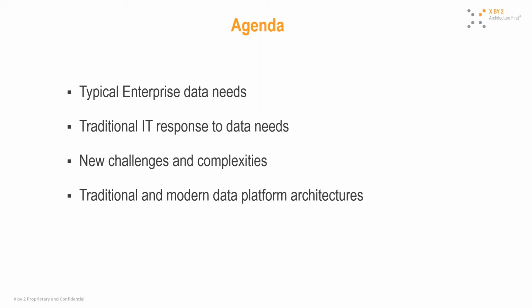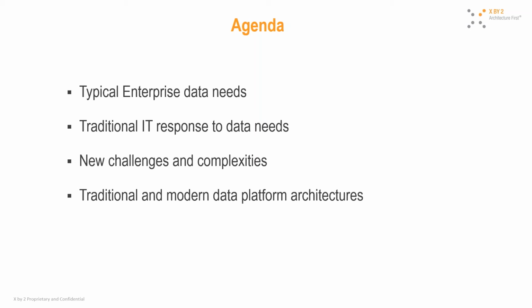By way of the agenda, we have broken down the webinar into a couple of topics that we'll discuss. We'll start by taking a look back at the basic enterprise data needs. What are the basic data needs that enterprises always had, and what has the traditional IT response been in addressing those needs?